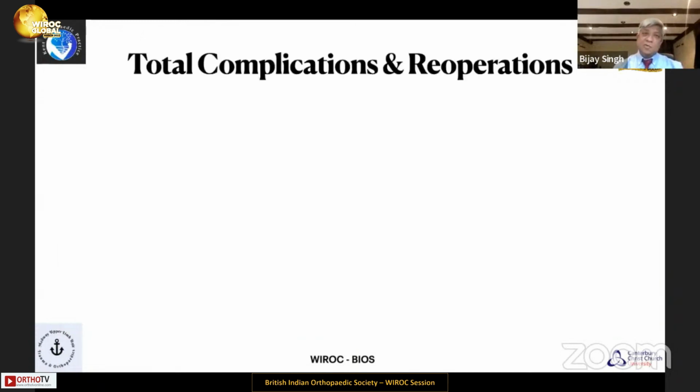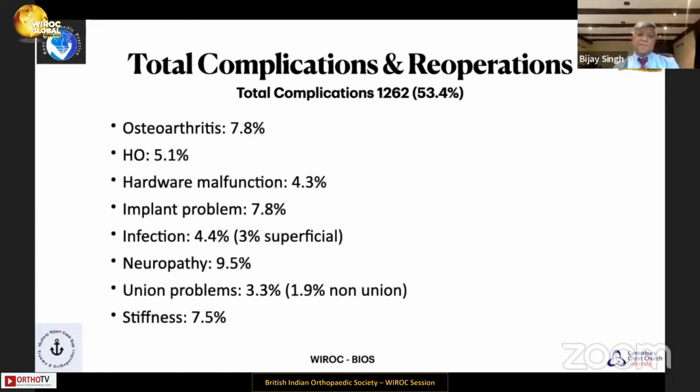If you look at more details, what it showed was 53.4% total complication and a variety of complications enumerated. Luckily, non-union is not that much of a major problem. We can see the hardware is still a significant amount of problem. And the reoperation rate was nearly 21%.